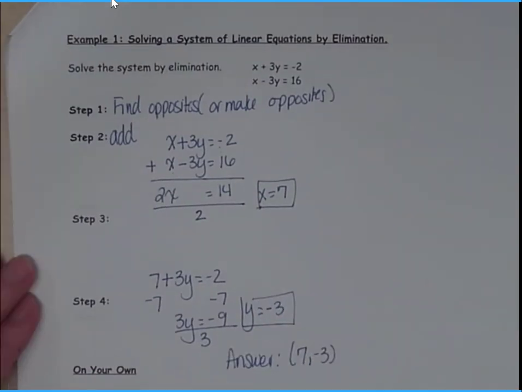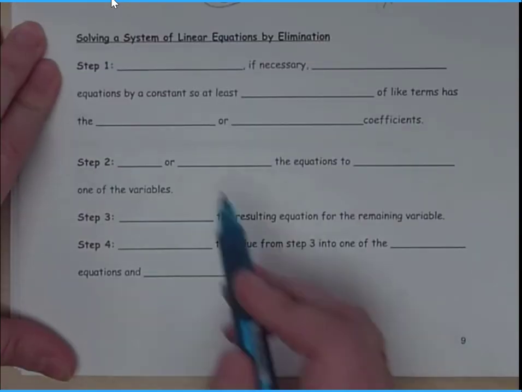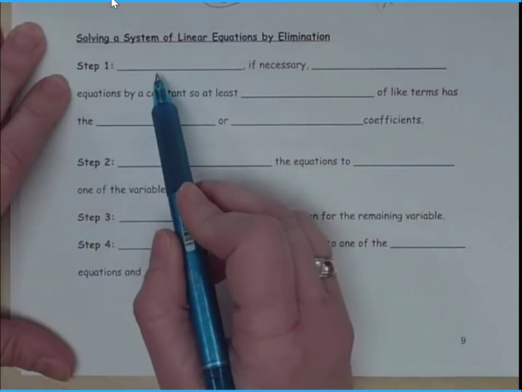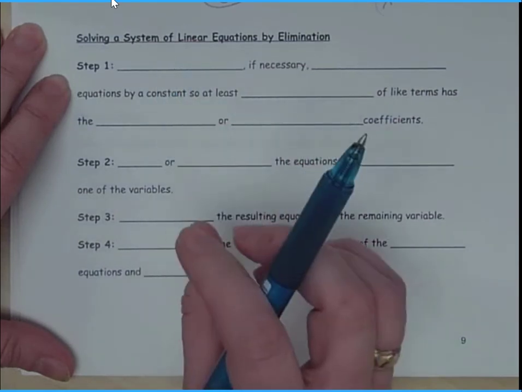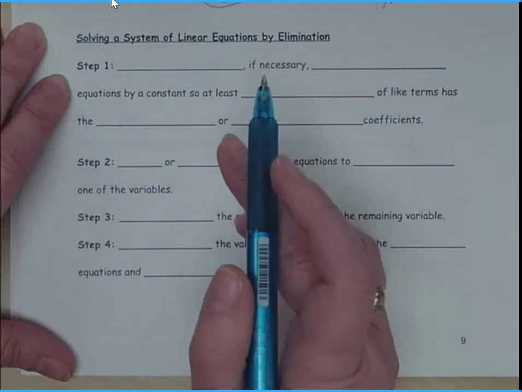All right. Before we move on to the on your own, let's go back a page and see if we can fill in some of these steps here. This first part was kind of already done for us, but what we want to do is have an opposite coefficient.